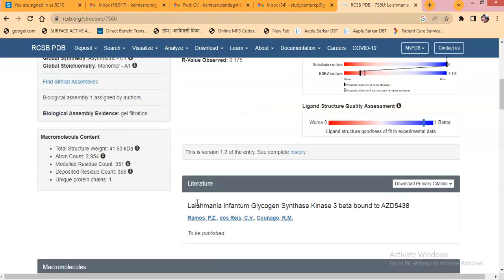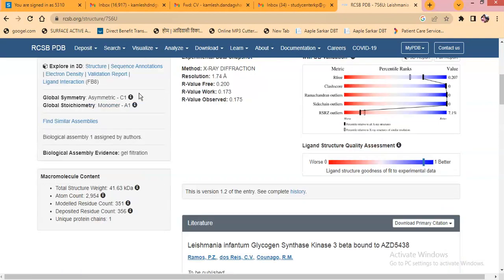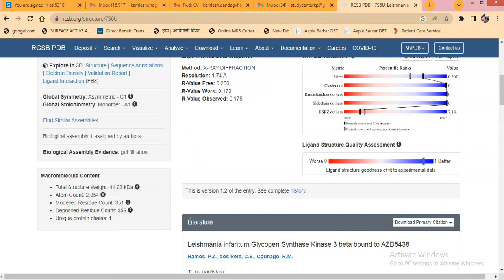There is one more requirement, that is the residue count. Here the residue count shows that the number of amino acids present in this protein is 351.